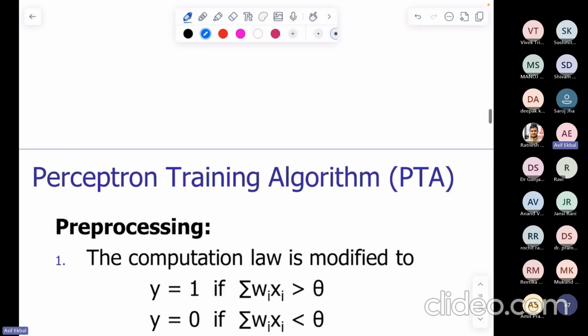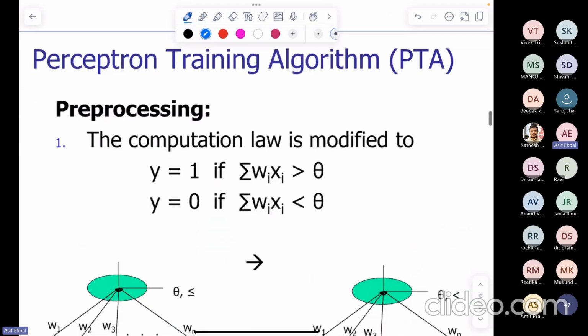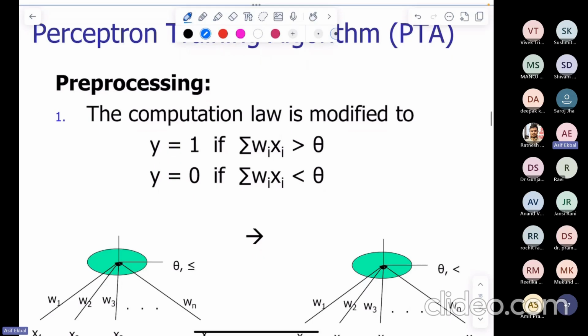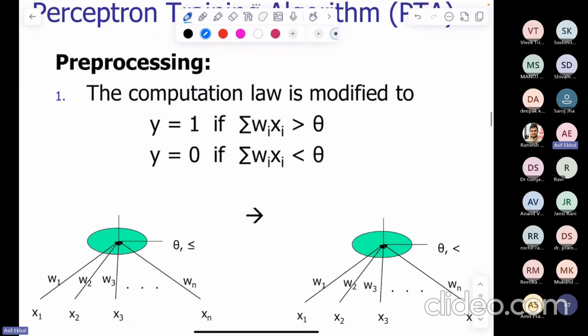Now very quickly I'll show you how the perceptron training typically happens. Initially, with respect to the threshold function, this computational law had an equal-to sign, less than or equal to theta, if you remember.